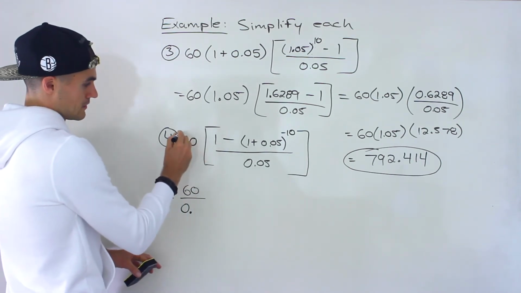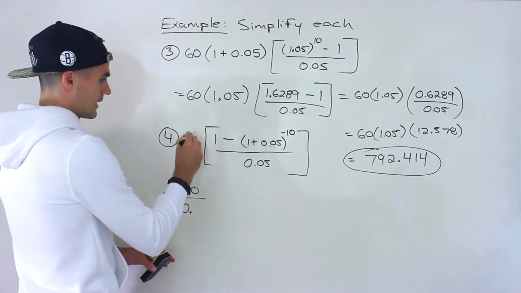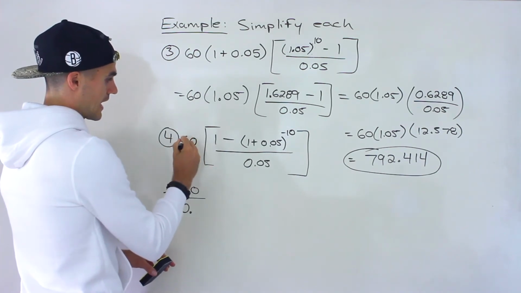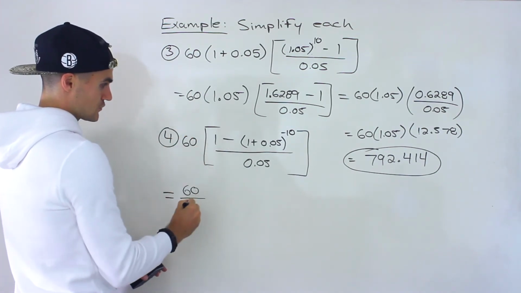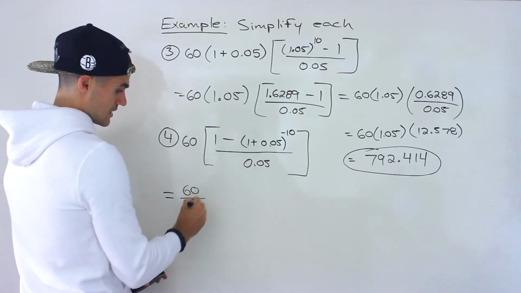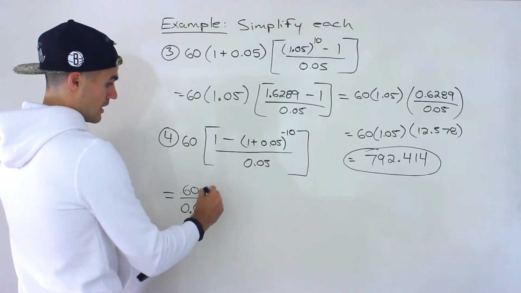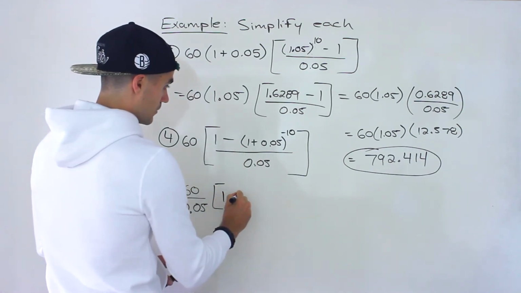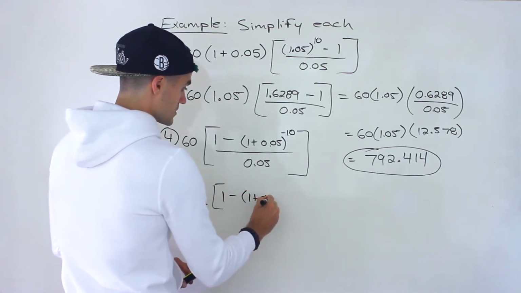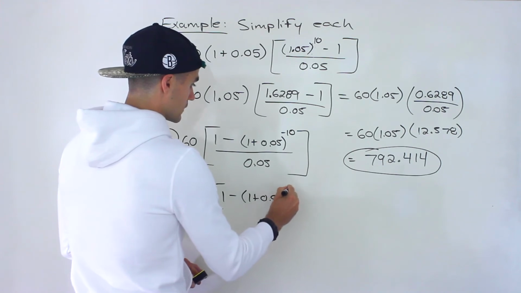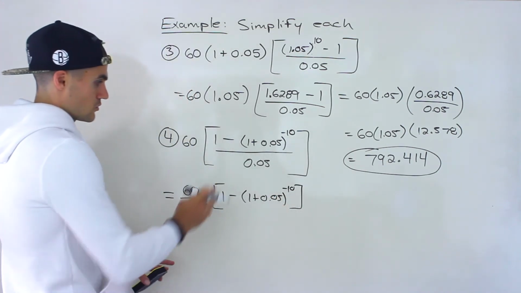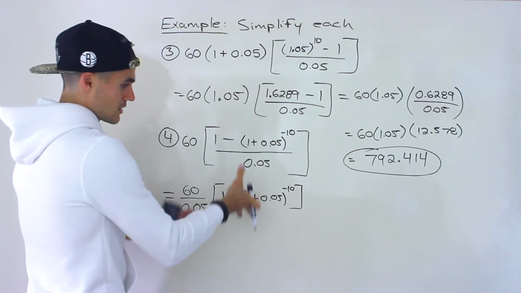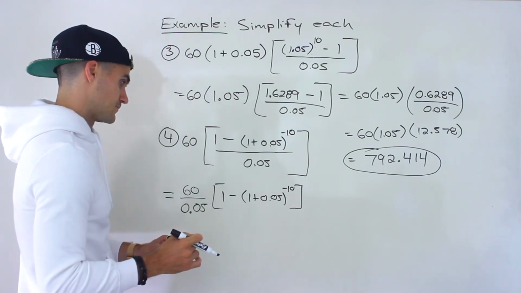This is not to get into too much detail again about what this actually means. This is a cash flow here. So you could have this cash flow over, and then this is an interest rate, 0.05. And so you put this under here, and then you'd end up with 1 minus 1 plus 0.05 to the power of -10. So both of these are the exact same thing. It's just another format that you might see this in.